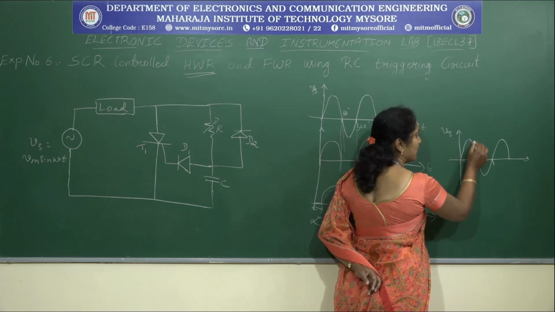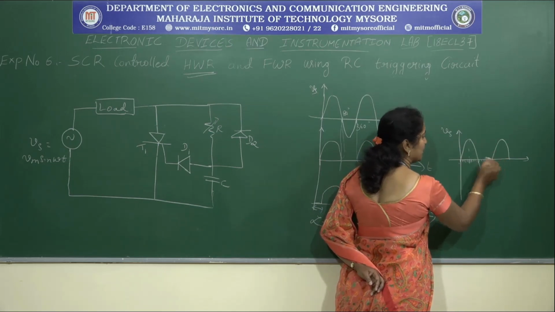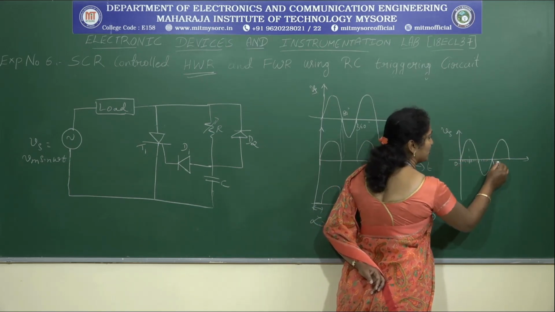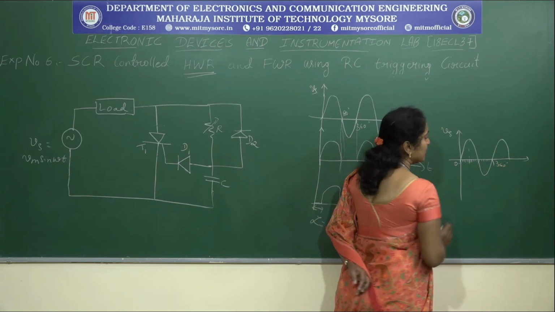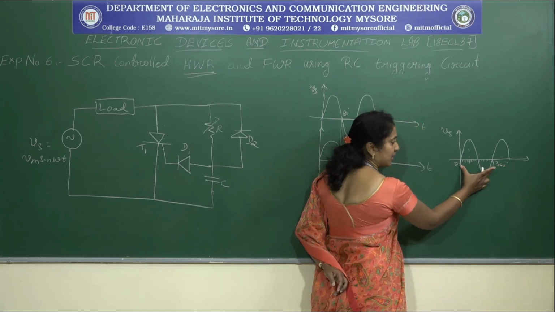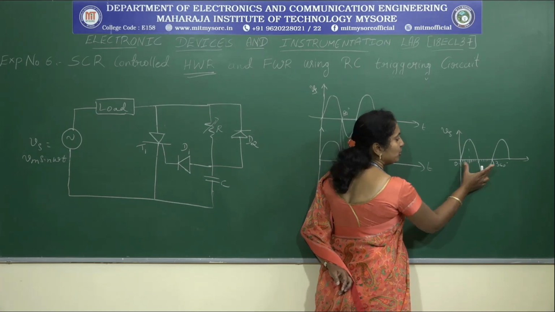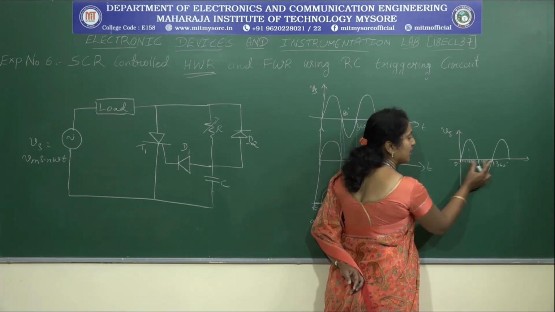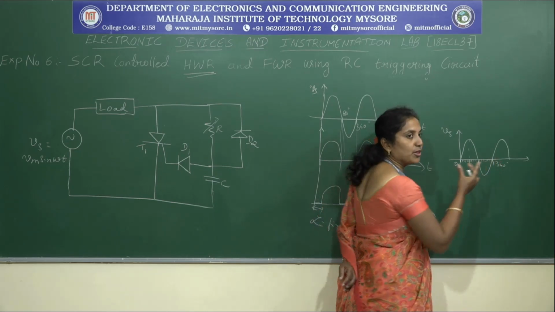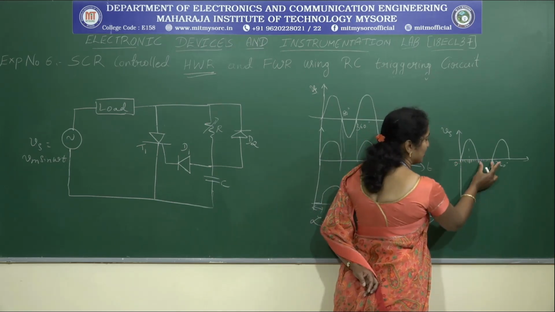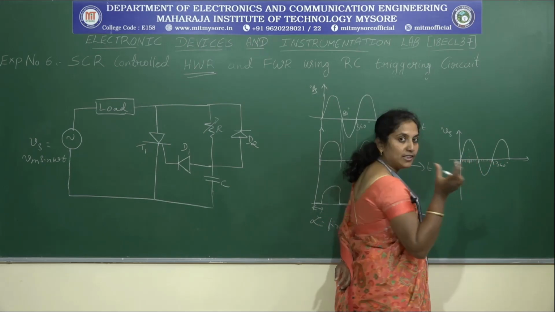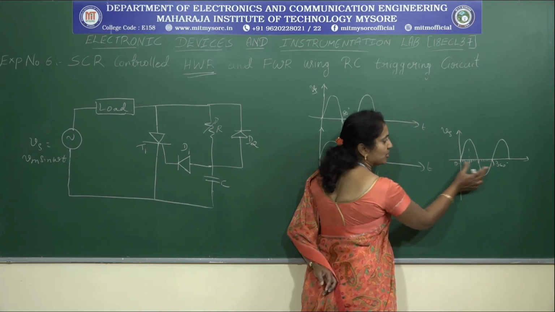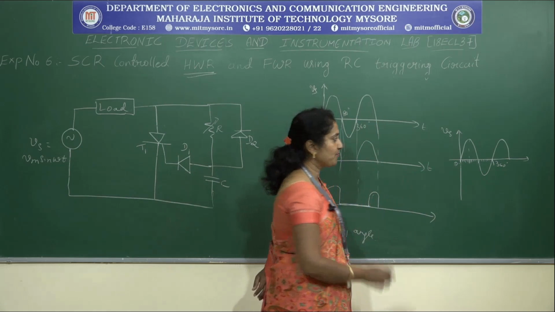So then one complete cycle consists of 0 to 360 degrees. In the 0 to 360 degree complete waveform you will have 10 divisions for 180 degrees and the rest of the 10 divisions for the negative half cycle. That means a total of 20 divisions from 0 to 360 degrees.